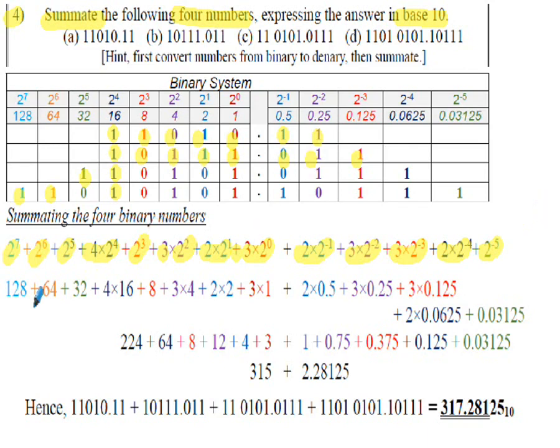And doing the arithmetic on that, 2 to the power 7 is 128 plus 2 to the power 6 is 64, 2 to the power 5 is 32, 4 times 2 to the power 4 will be 4 times 16, plus 2 to the power 3 is 8, plus 3 times 2 to the power 2, so that's 3 times 4, plus 2 times 2 to the power 1, 2 times 2, plus 3 times 2 to the power 0 is 3 times 1.